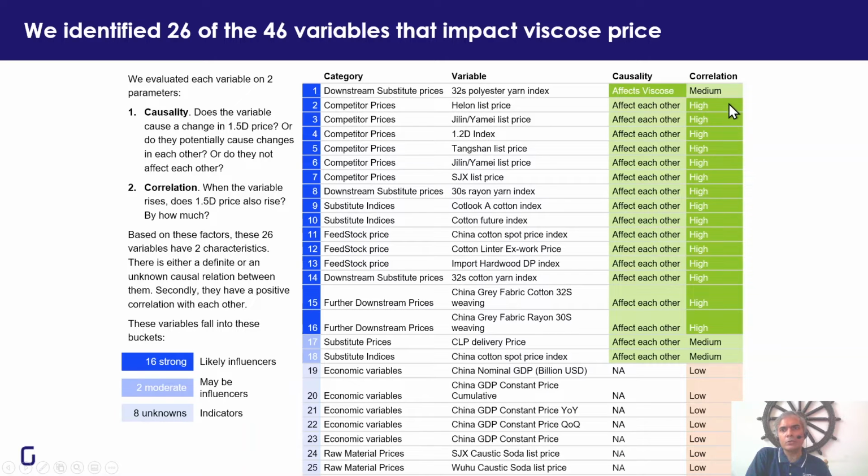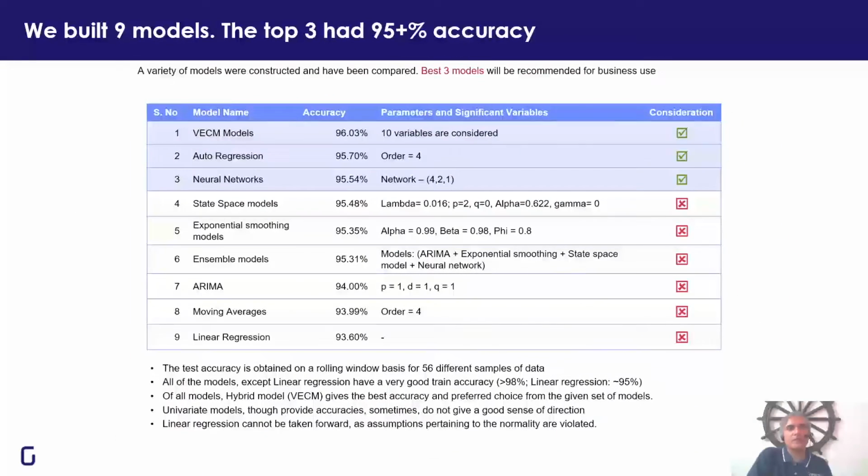And while the correlation is high in a reasonable number of cases, causality was strong primarily in one case, but certainly there were a whole series of variables, potentially up to 18, that seemed to have at least a reasonable effect. And then there were some that we said, even though they have a low effect, let's include them because the model certainly can improve. So, in other words, there were 16 strong influencers, 2 moderate influencers, 8 unknown influencers, and we use this as part of the modeling exercise.